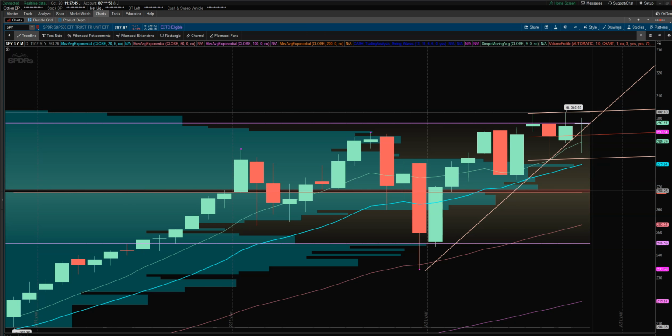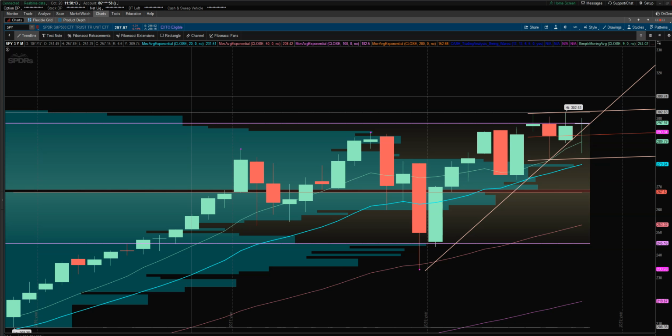So there begins to be a little more uncertainty. Hey, are we paying too much for this particular product? That's where we begin to have an equilibrium as the larger institutions look to de-lever or de-risk because prices have become more expensive and there isn't very strong momentum to push it much higher.